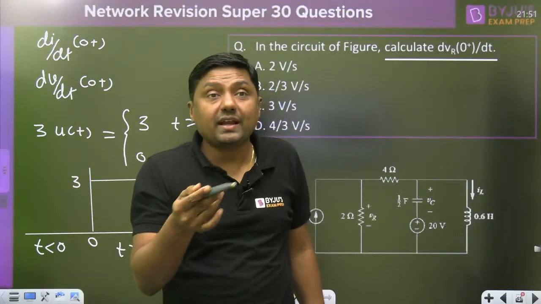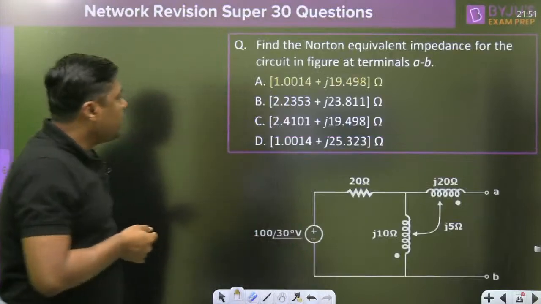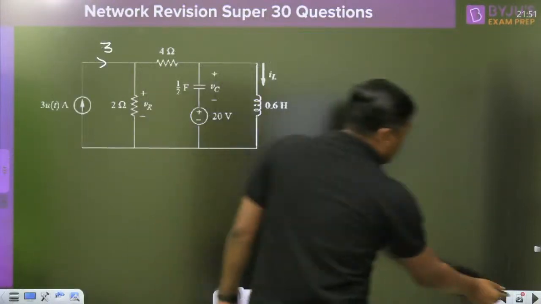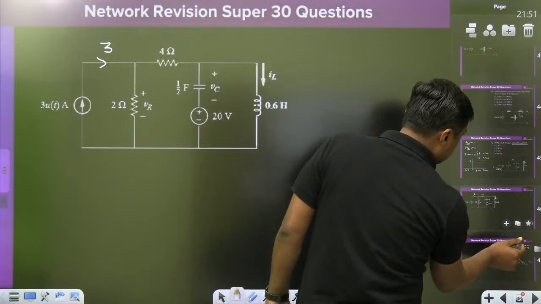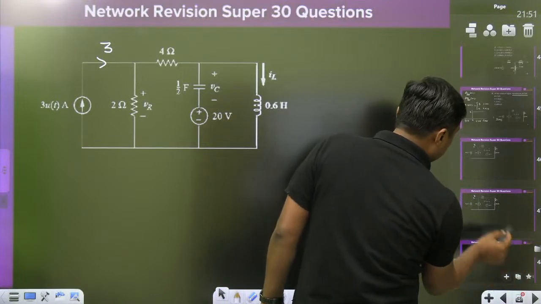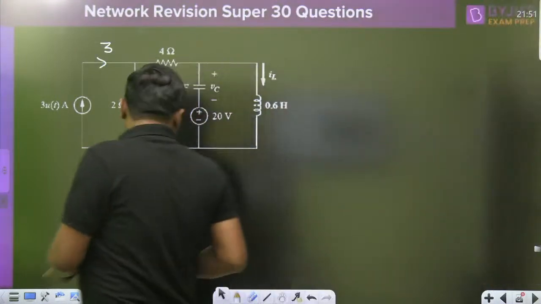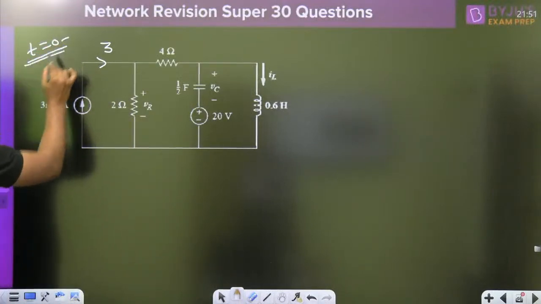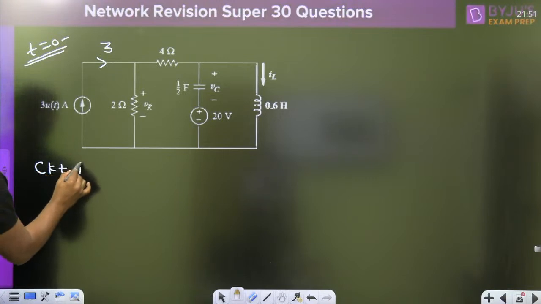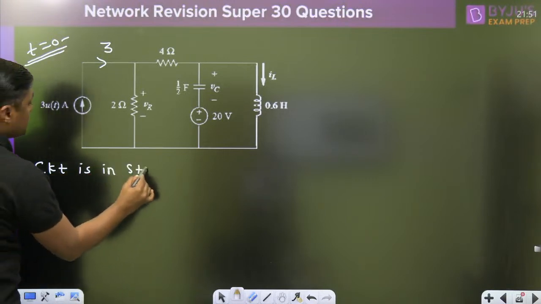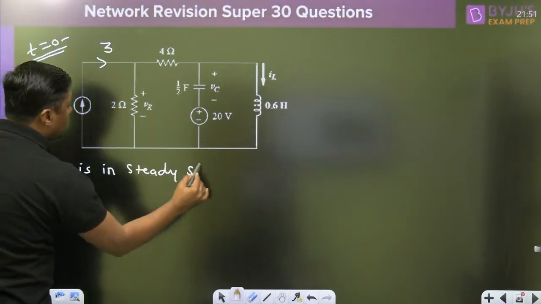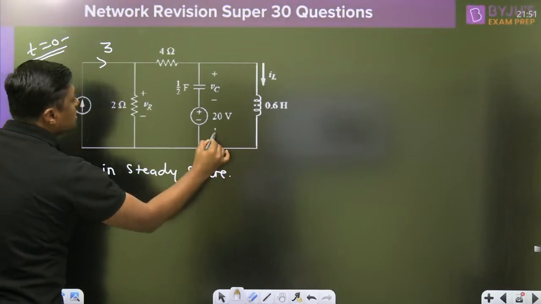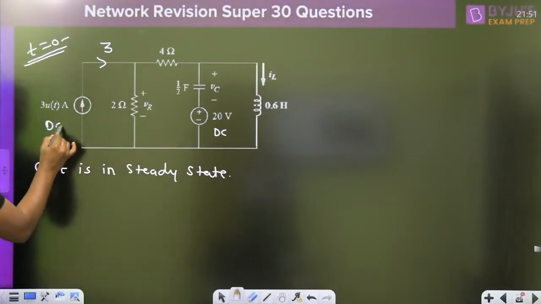What is the position at t equal to 0 negative? For t equal to 0 negative, the circuit will be in steady state, and this is DC, this is also DC.